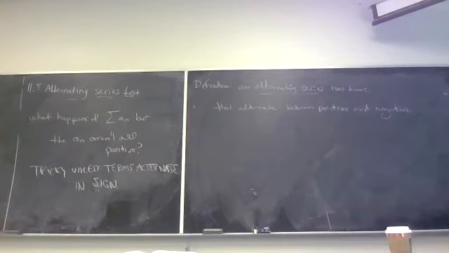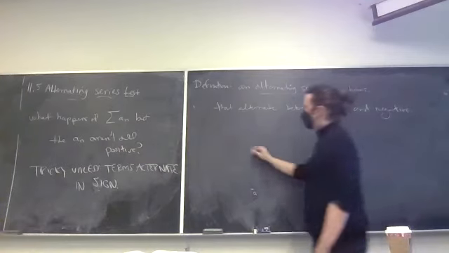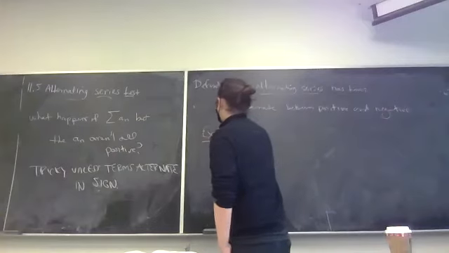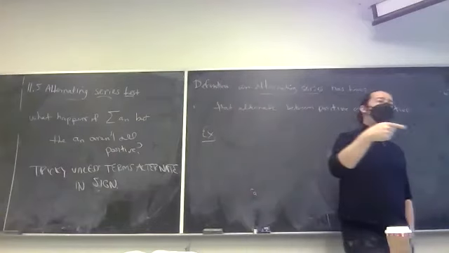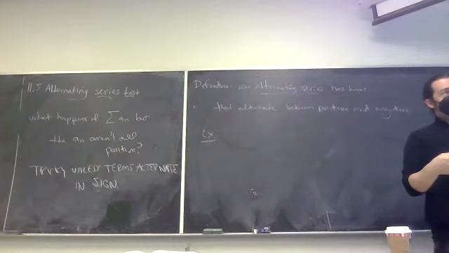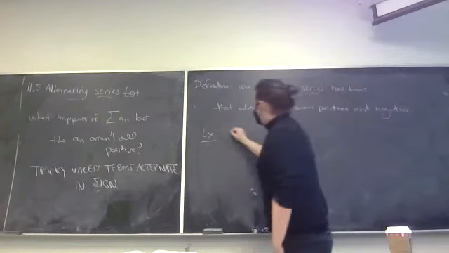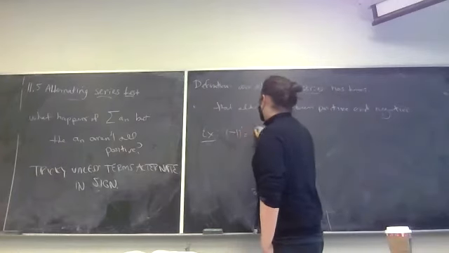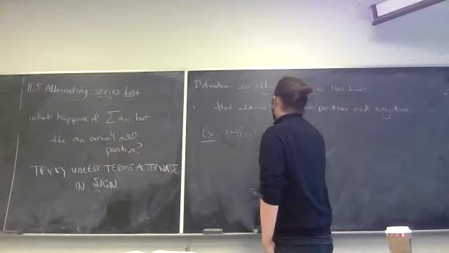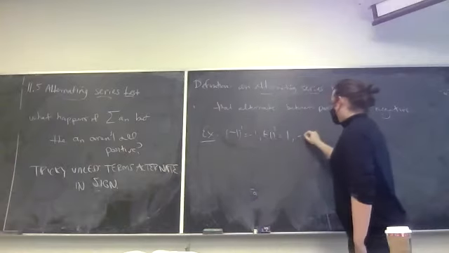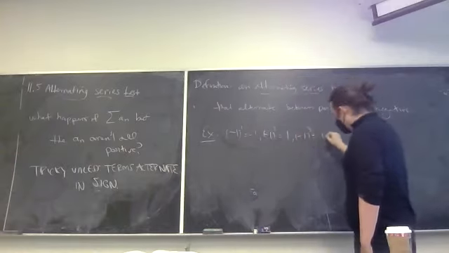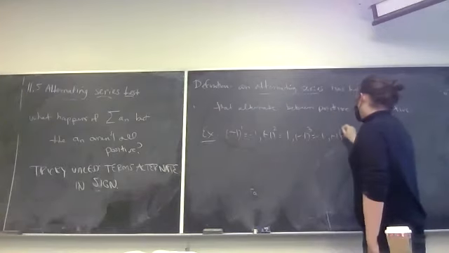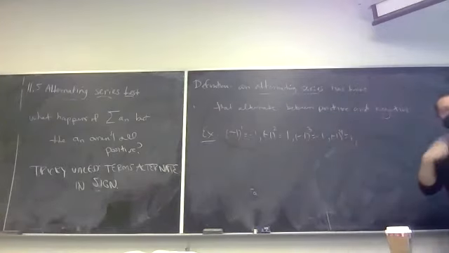The prototypical example for this: these tend to take forms where there's something that looks like (-1)^n in the terms. Because -1 to the first is -1, -1 to the second is +1, -1 to the third is -1, -1 to the fourth is +1, and so on, right? So powers of -1 flip back and forth.